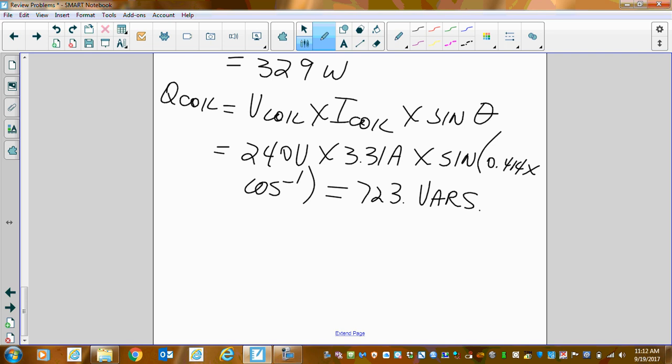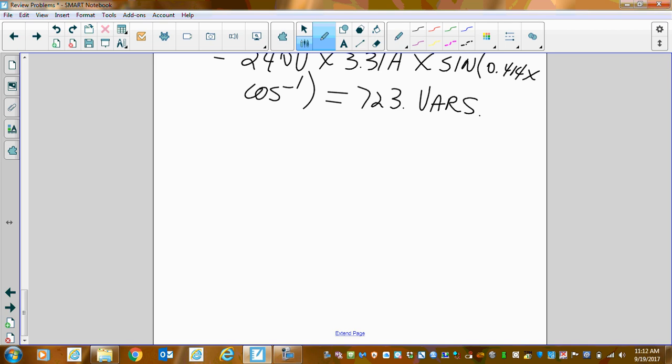All right. And then S of the coil. Tell me if I'm going too fast, you guys, for those that are following along. Simply going to take V coil times I coil. Are you guys okay with this here? Okay. Want me to backtrack? It's just the angle then.